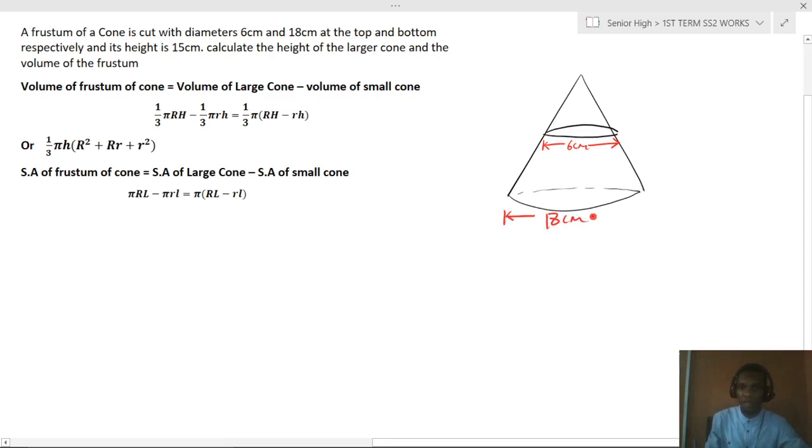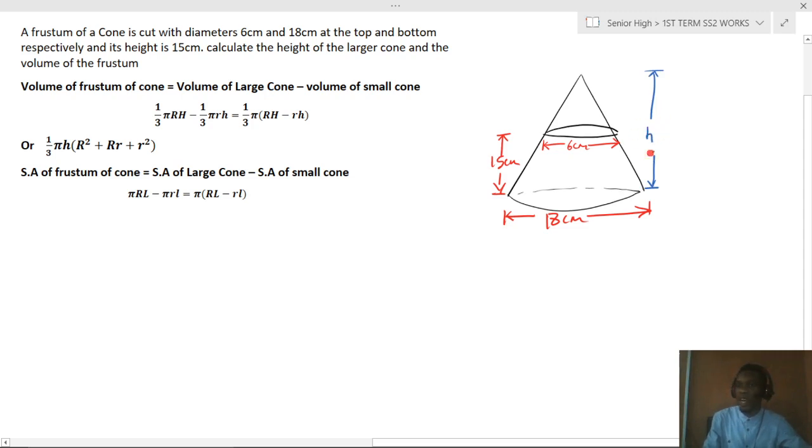And then the one at the bottom still remains the big one, which is 18 centimeters. Then what's the height of the frustum? The height of the frustum was given to us as 15 centimeters. And then we are told to calculate the height of the larger cone. That's the length from this point to this point, so let's call it our height.